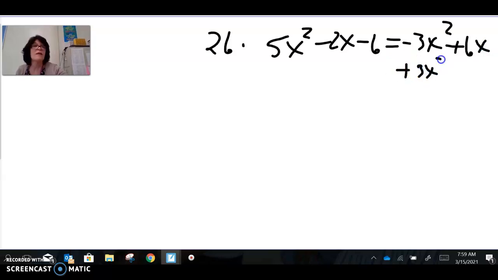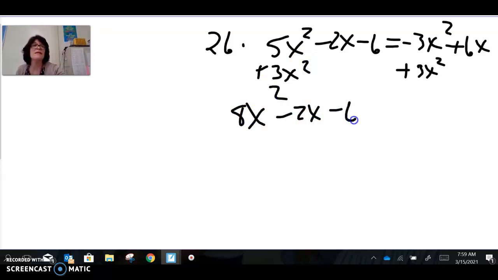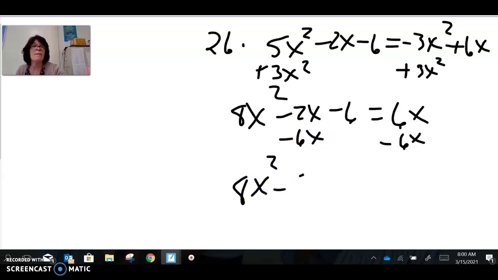So I'm going to add 3x squared. That gives me 8x squared minus 2x minus 6 equals 6x. Still have something there that's not 0, so I'm going to subtract 6x. And I get 8x squared minus 8x minus 6 equals 0.